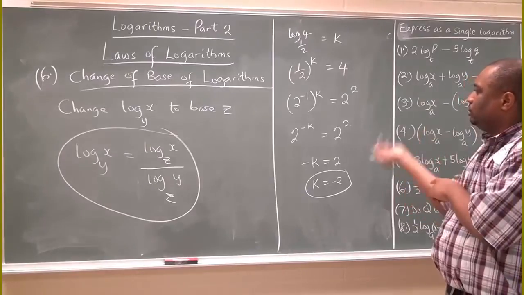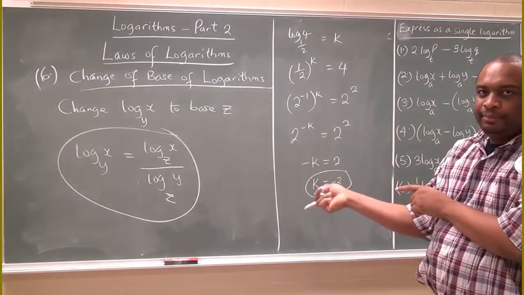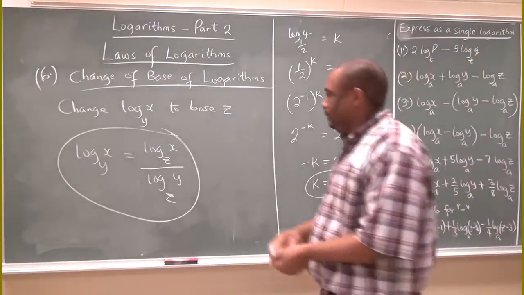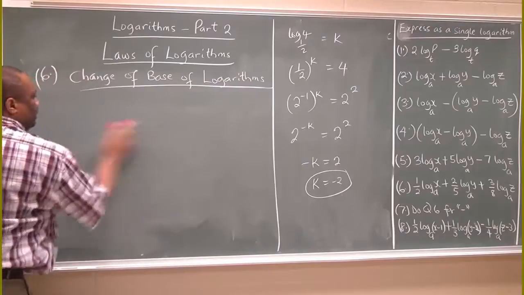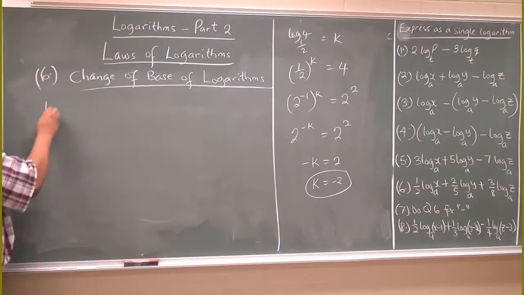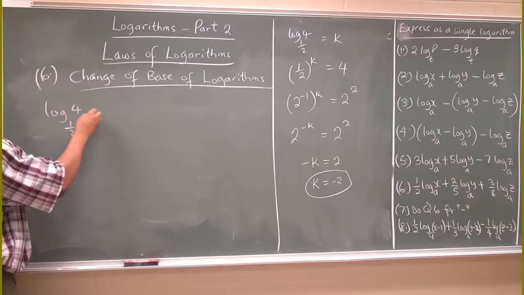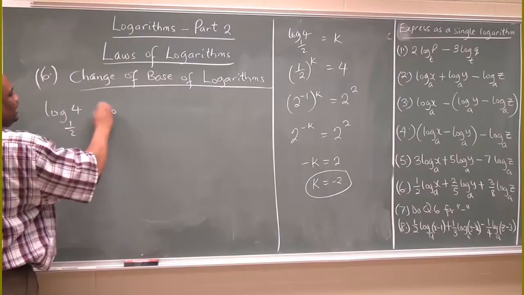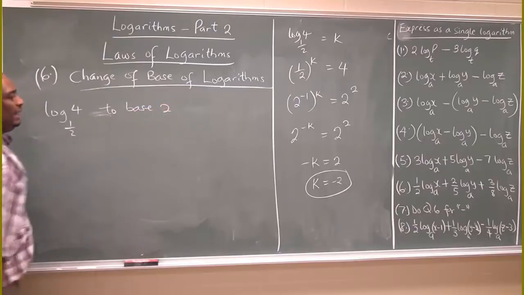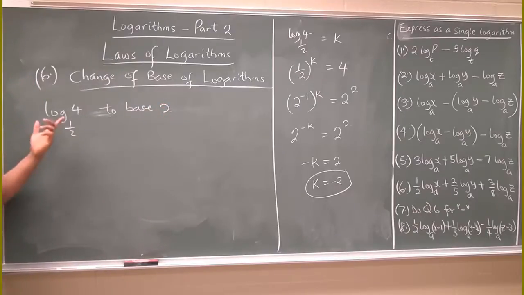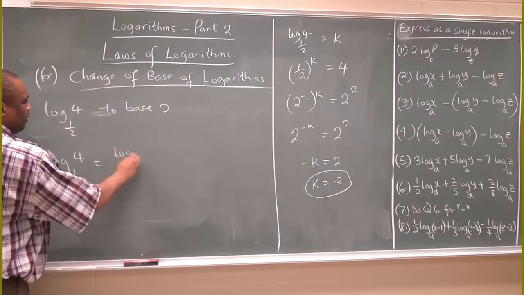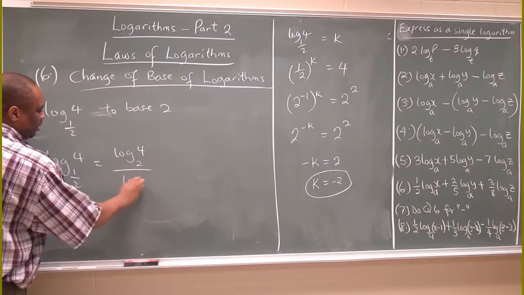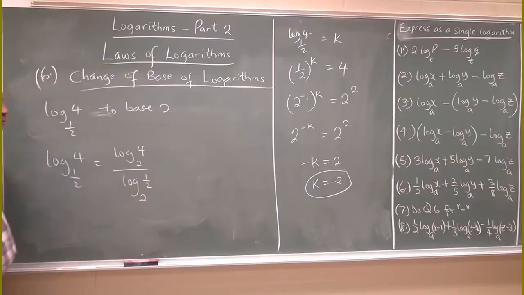Another way to do it is to do the change of base of logarithm. So if we have to do it with the change of base, you have a log 4 base half. You probably want to change it to base 2 because 2 will be the easiest to work with as they are kind of multiples of 2. So log 4 base half will now be log 4 base 2 all over log 1/2 base 2.